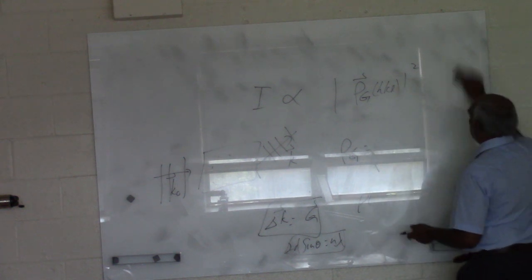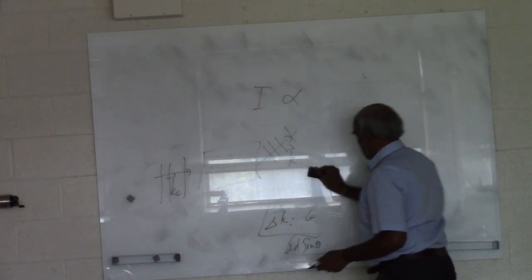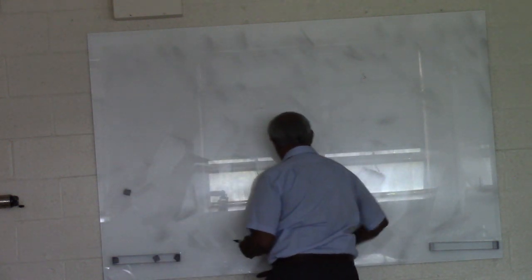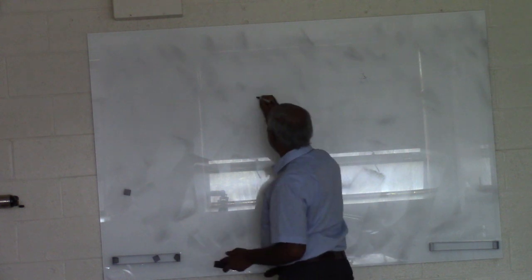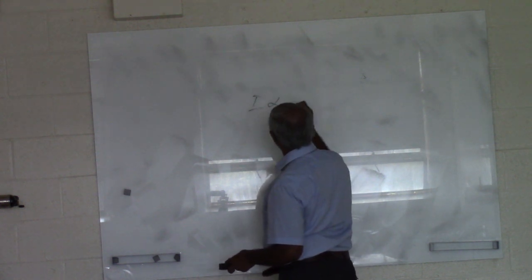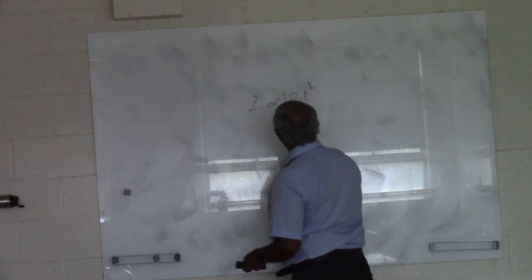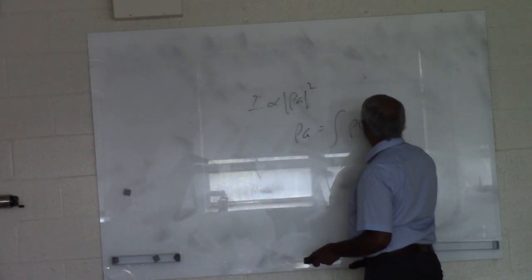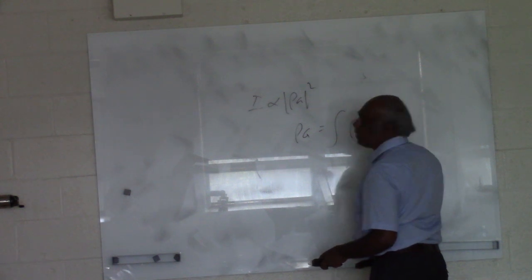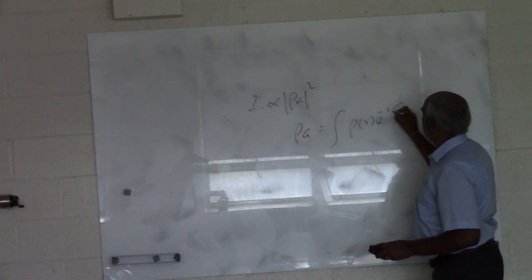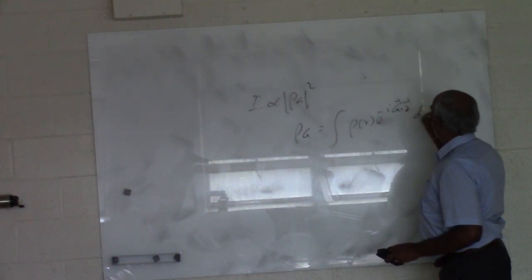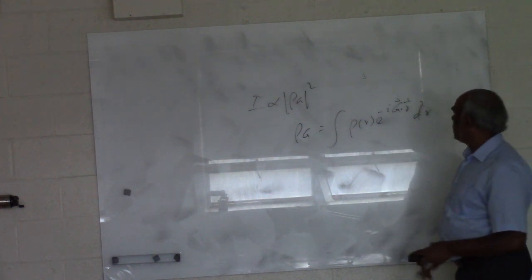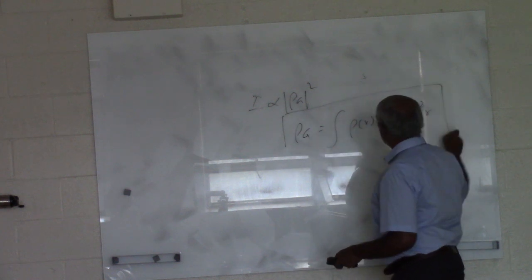So from here onward, I will use intensity as rho g squared. Rho g I only write as the integral of rho r e to the minus i g dot r, not delta k, because k, delta k and g are the same. That's all we need to get started.